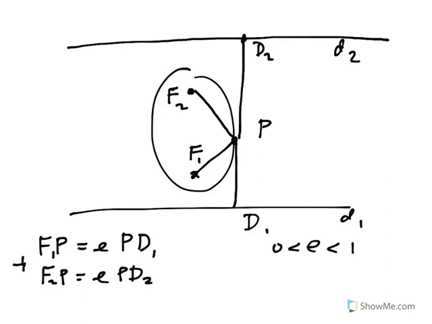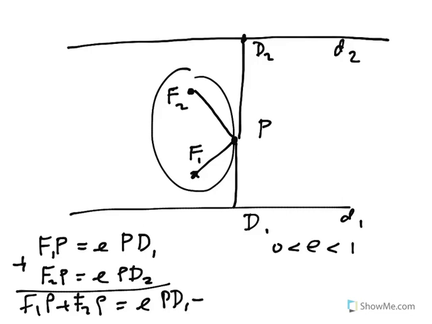Now if I add these two things together, I get F1P plus F2P is equal to E PD1 plus E PD2. Factor out the E and get PD1 plus PD2.